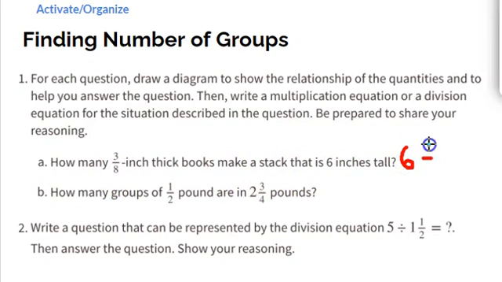Well, that's 6 divided by 3/8, right? So what's that going to end up being? Well, you've got 6 broken up into groups of 3/8. How many 3/8 is that going to take?